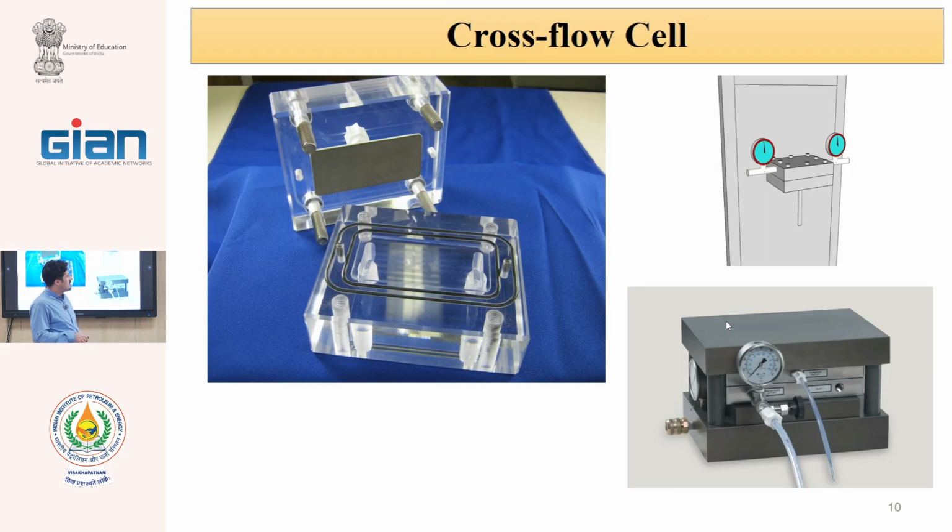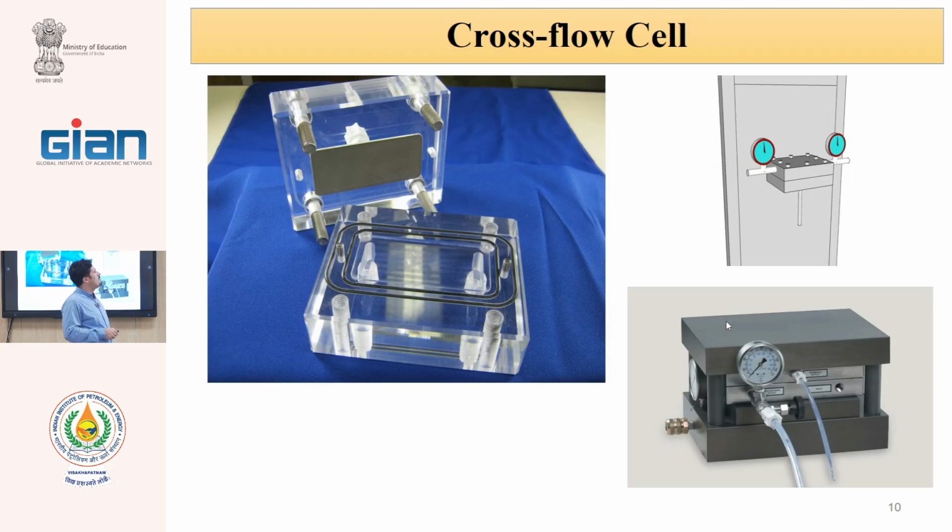In this case, we have a very secured system. In the cross-flow, you see in the dead end, we only have a feed and permeate. But in the cross flow, we have an entrance for feed, permeate, and concentrate.